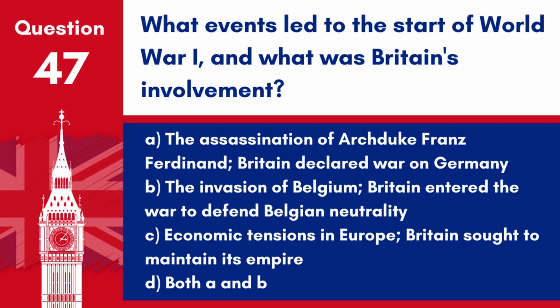Britain sought to maintain its empire. D. Both A and B. Answer: D. Both A and B. The assassination of Archduke Franz Ferdinand and the invasion of Belgium, violating its neutrality, were key events that led to Britain's involvement in World War I.